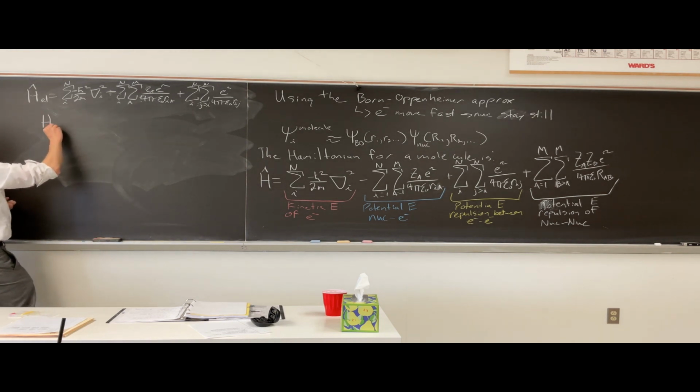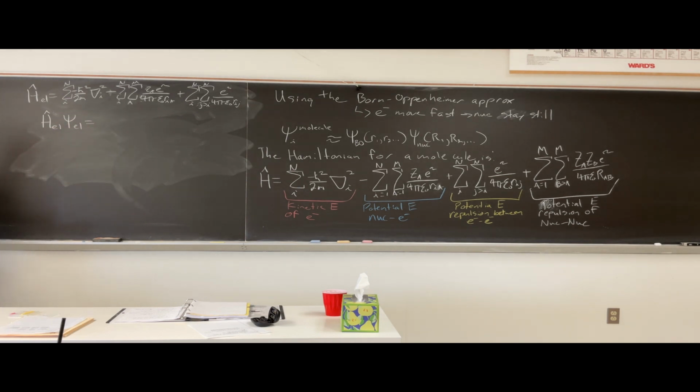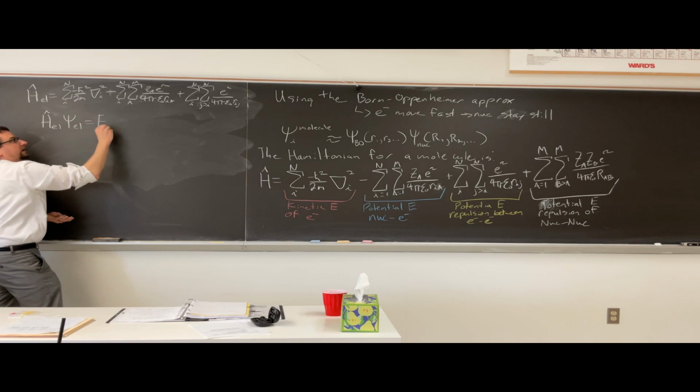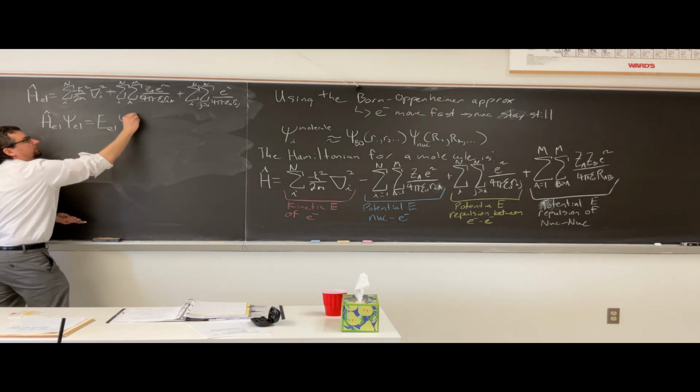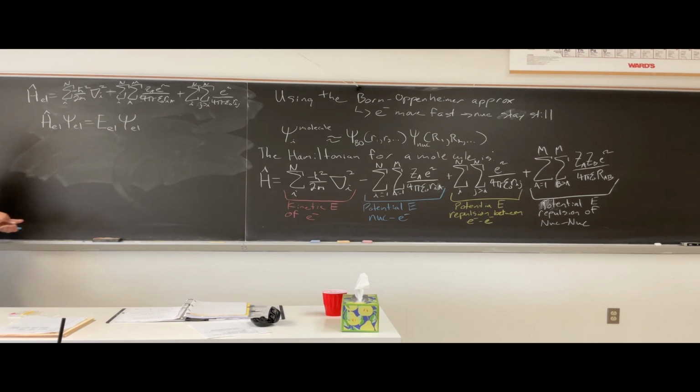So we have the electronic wave function. What's it going to spit out for us? Yep, the electronic energy, it's called. And what else? Yep, the electronic wave function. So what's this thing?